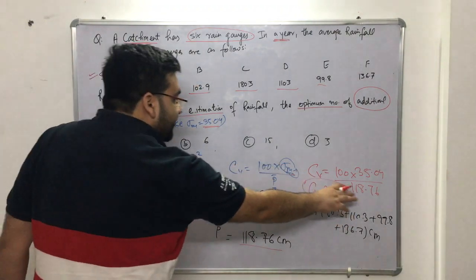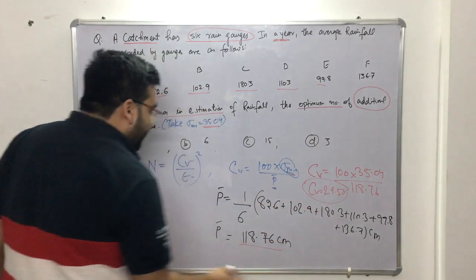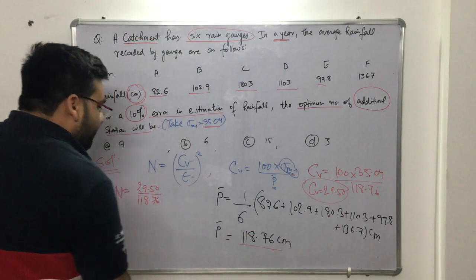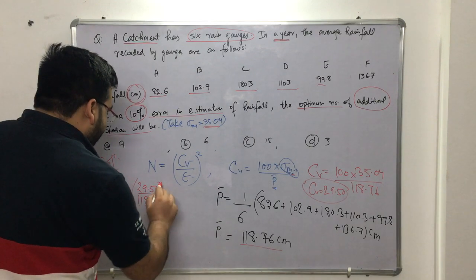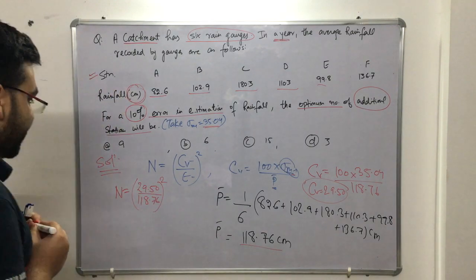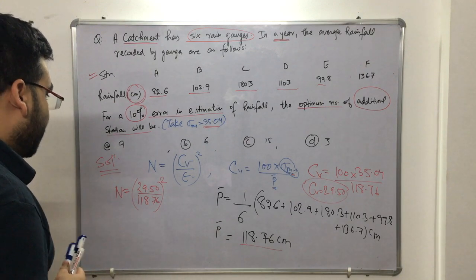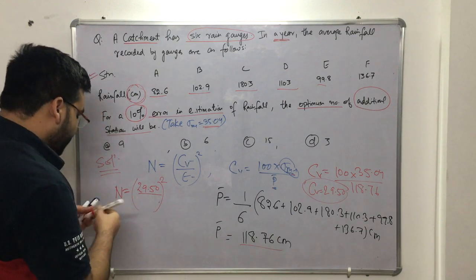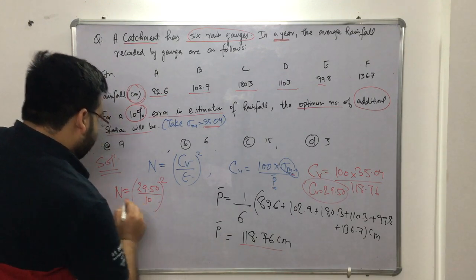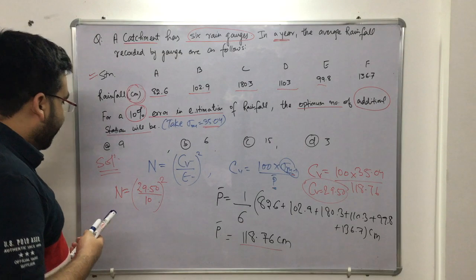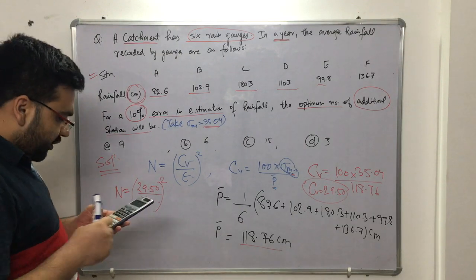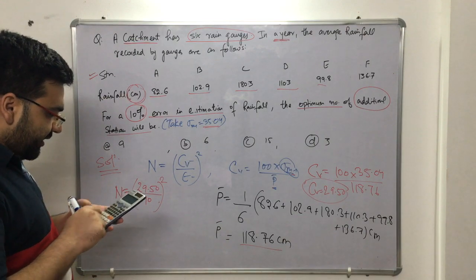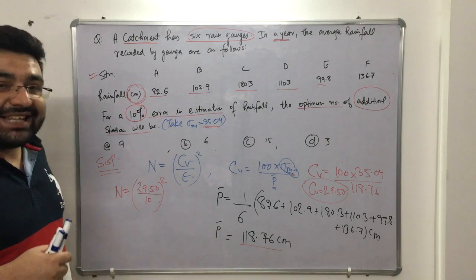So the number of required stations N is equal to (29.50 divided by 10) squared, where 10 is the percentage error.